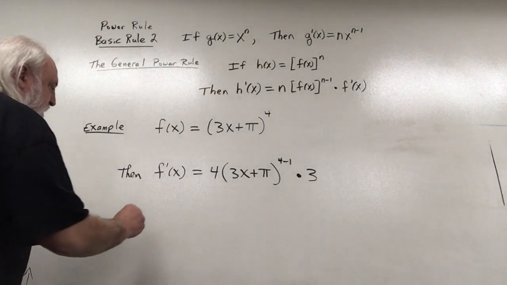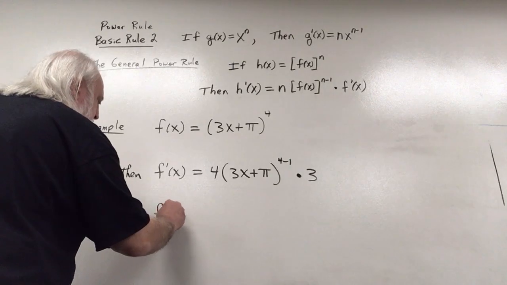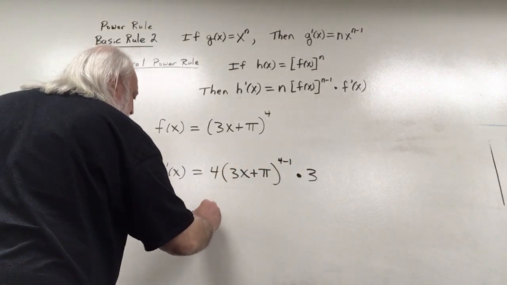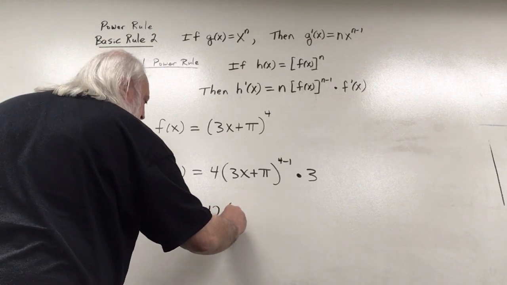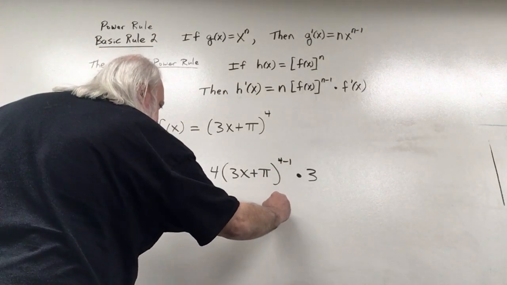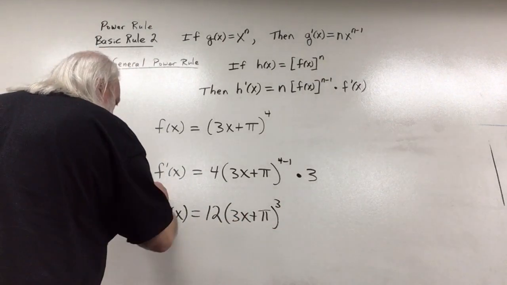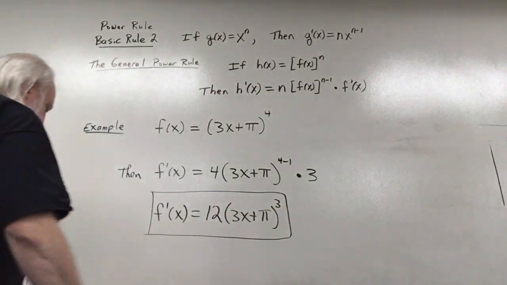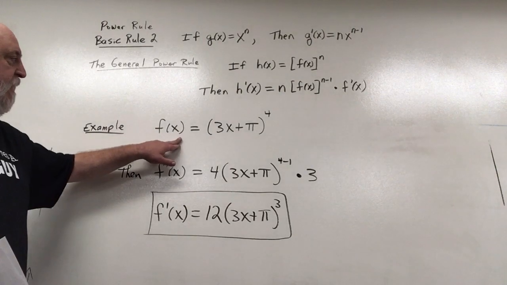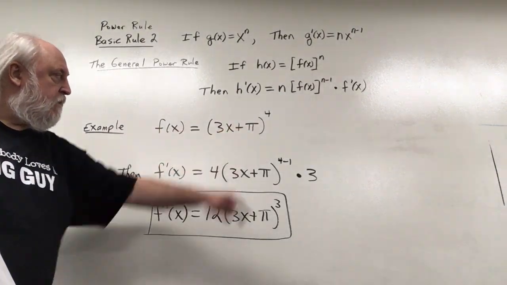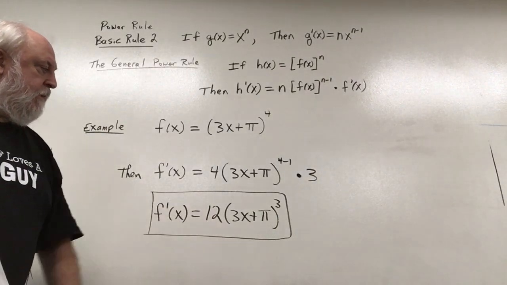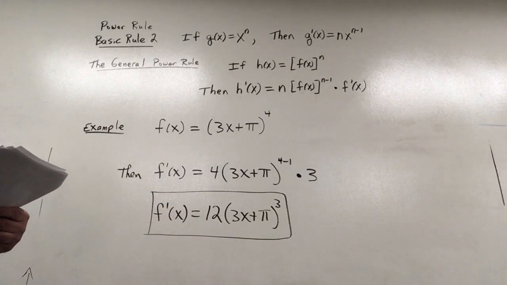And so if we clean this up a little bit, 4 times 3 is 12, and 4 minus 1 in the exponent is equal to 3. And we're done. So the derivative of f of x equals 3x plus pi to the 4th simplifies to 12 times 3x plus pi to the 3rd power.